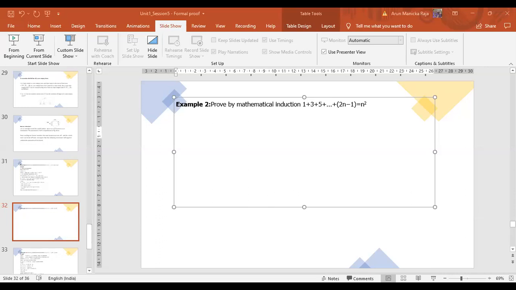Is Anusha, number 11, in the meet? Anusha, are you in the meet, ma? No. Bharat, number 22, are you in the meet?